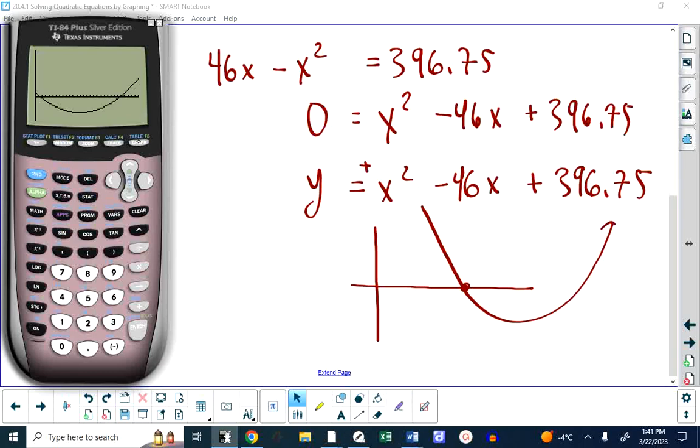All right, I would like everybody to my left to find the x-intercept on the left of your graph. I want everybody on my right to find the x-intercept on your right. Everybody over here to find the x-intercept to the right.